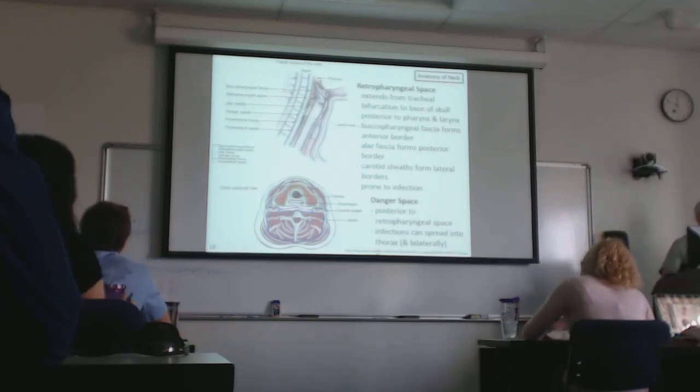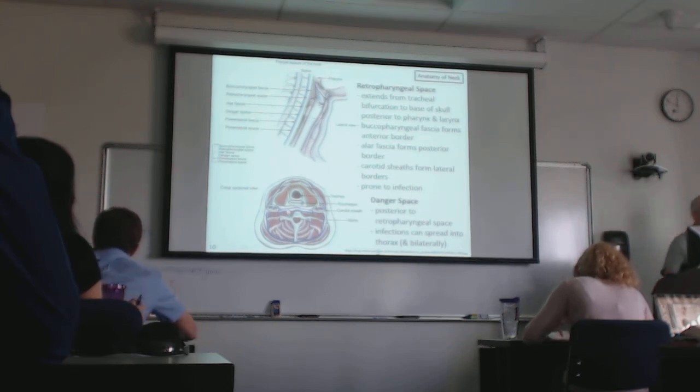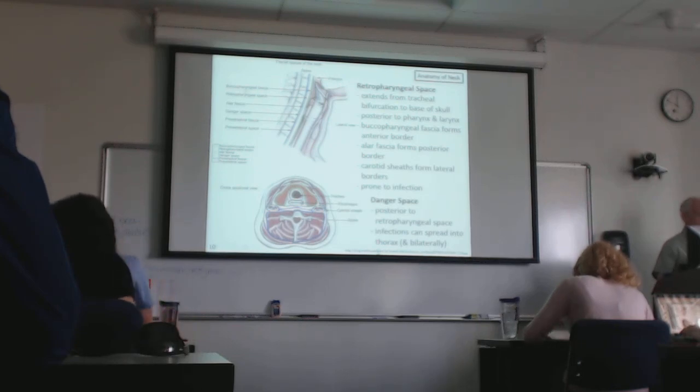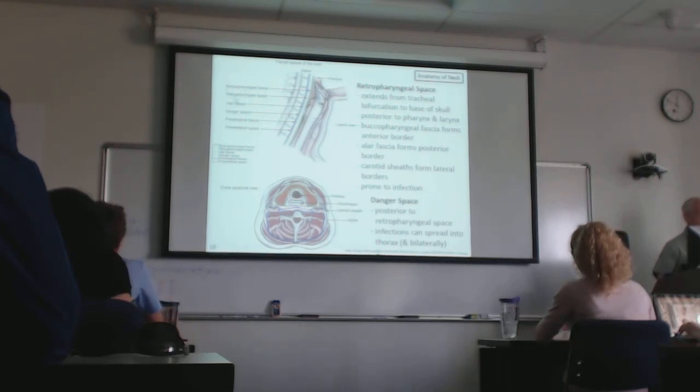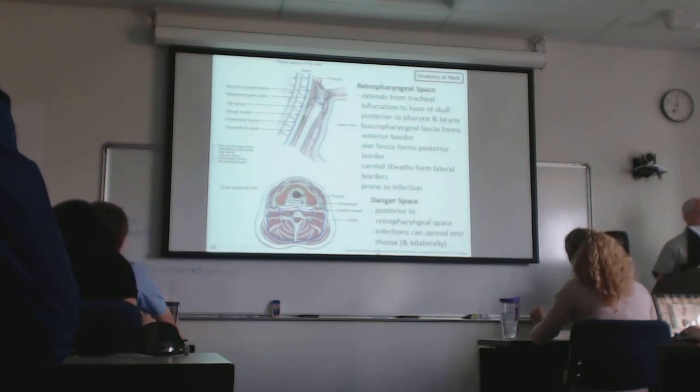And you already know what the term alar means. And then this term has a logical term too, retropharyngeal, behind the pharynx. That's your retropharyngeal space there. And then anterior to that is the buccopharyngeal fascia.